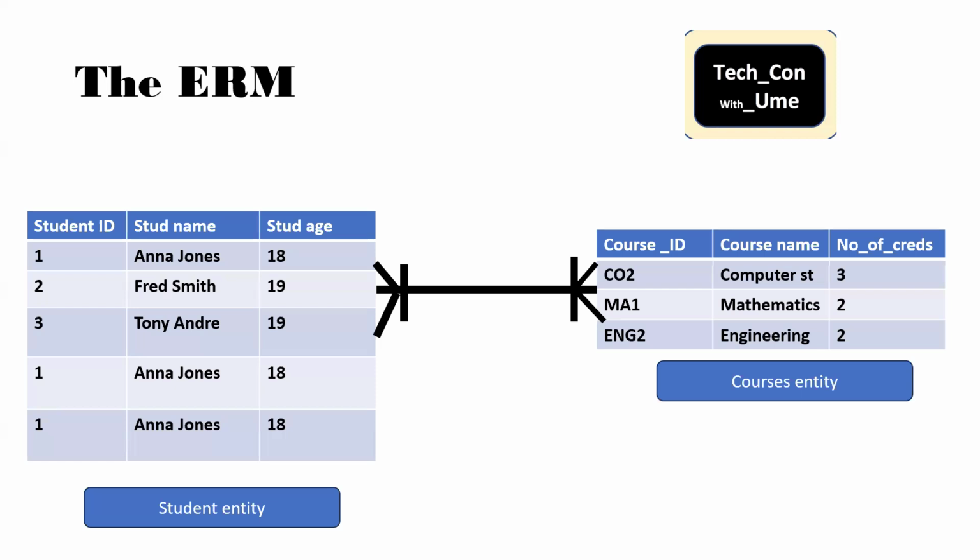Let's take this example where we have a many-to-many relationship between a student table and a course table. Now, with this example, noting that each student can take multiple courses, we will have to have an attribute in the student table to account for the courses that they will be taking.